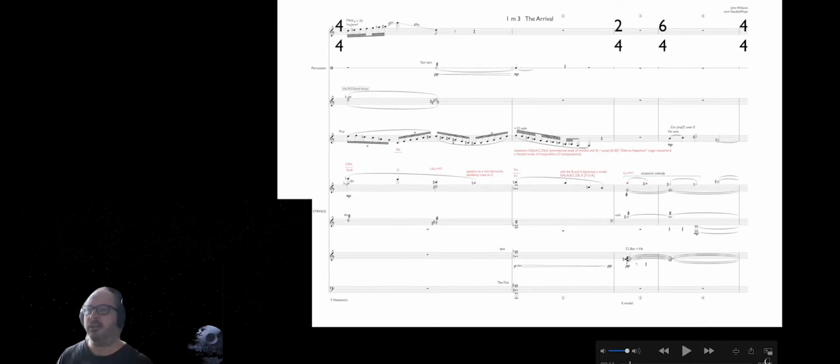Obviously we just heard the main title, and I'm going to talk about how the main title goes straight into the next little passage of music. We tend to hear that chord quite a lot. Even finding out what that chord is is contentious.